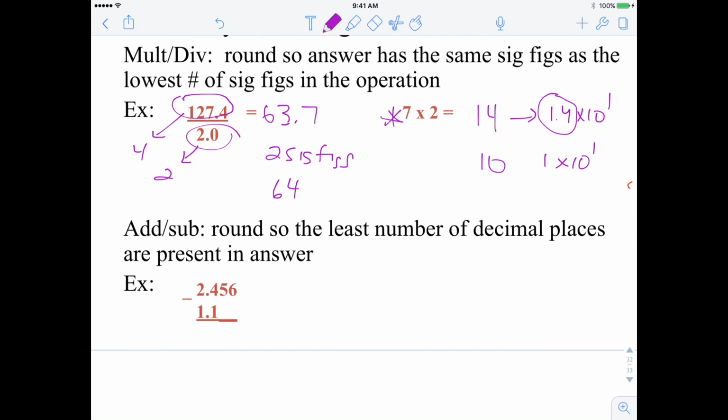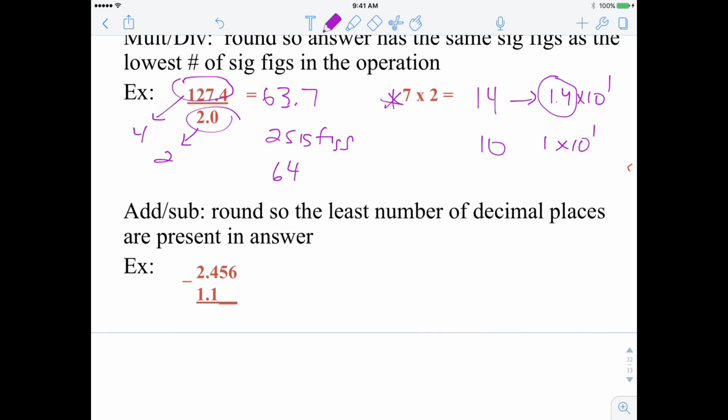Finally, if we add and subtract, we round to the least number of decimal places present in the actual number. That's how many we're going to round to. So let's look at how this works. We subtract these two. So we do 2.456 minus 1.1. So that's 6, that's 5, that's 3, that's 1.